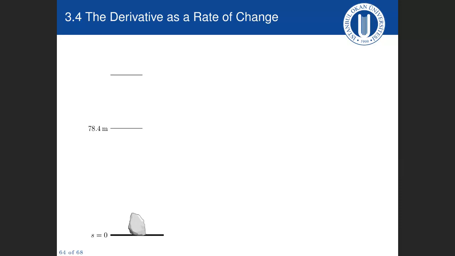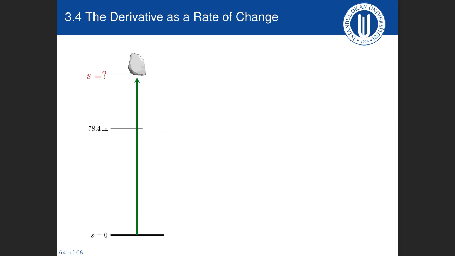So to recap, we're starting with a rock on the ground sitting on a stick of dynamite. The dynamite is going to explode and the rock is going to be thrown upwards. When the rock is 78.4 meters above the ground, we want to calculate its velocity. At some point, it will get to the top of its flight.